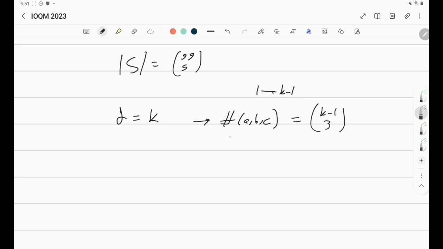And of course, how many E's now? Remember, E is between K plus 1 and 99. How many numbers do we have here?